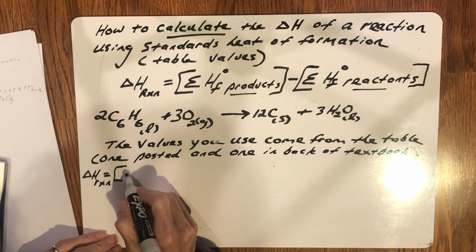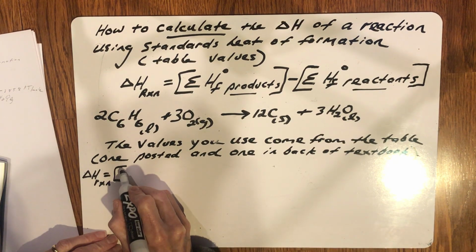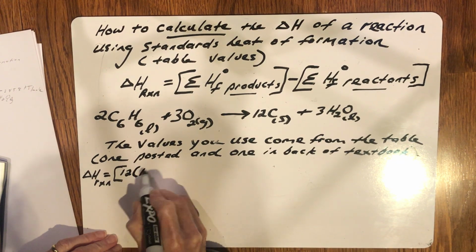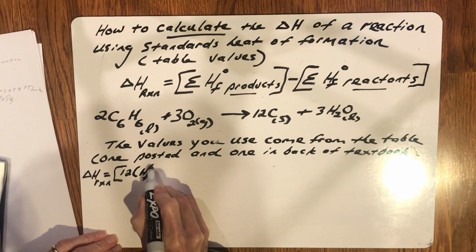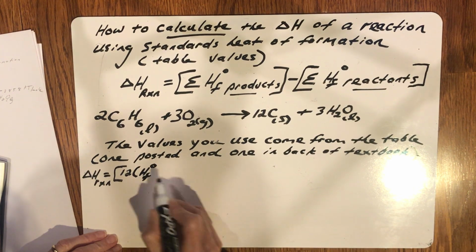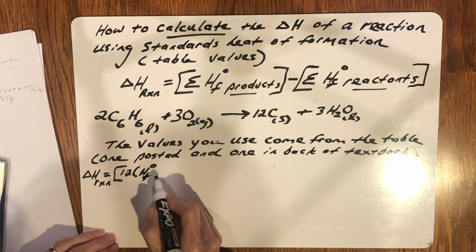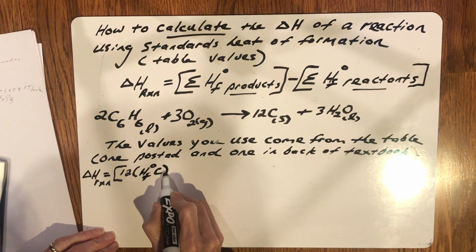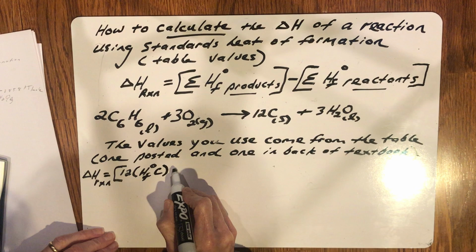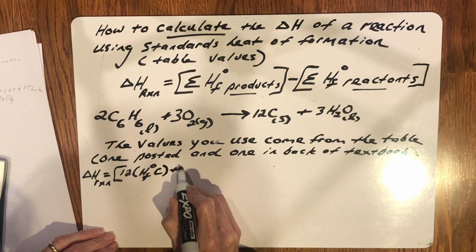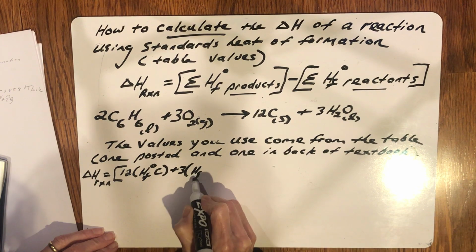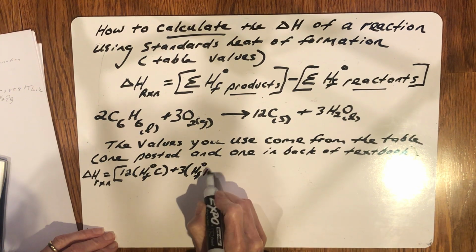You start out on your product side, and so I would multiply 12 times the standard heat of formation. That little 0 is just to indicate standard heat of formation of carbon solid. And I would add to that 3 times the standard heat of formation of liquid water.